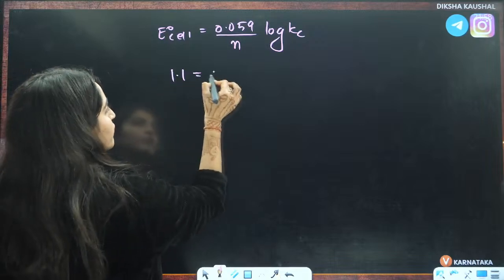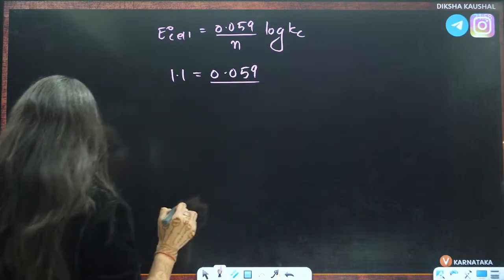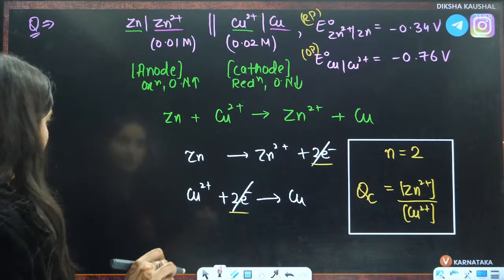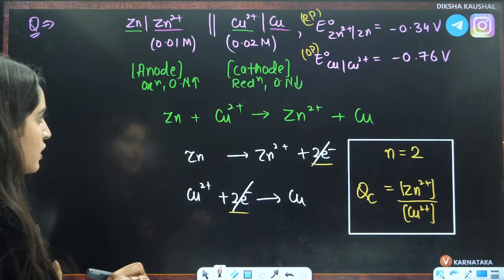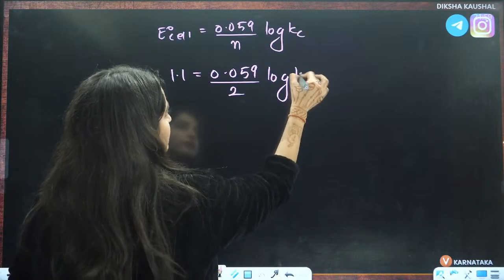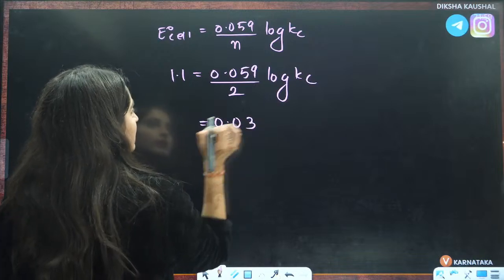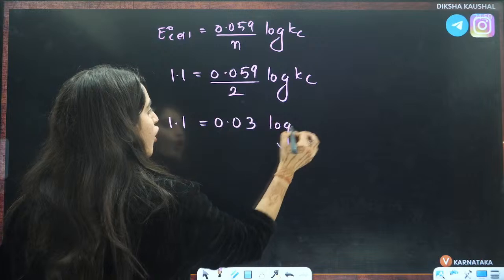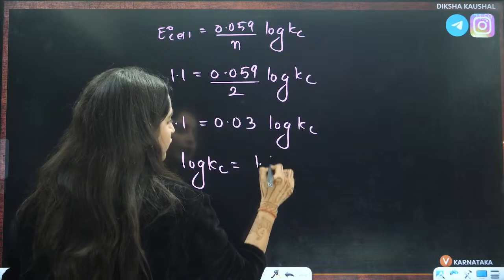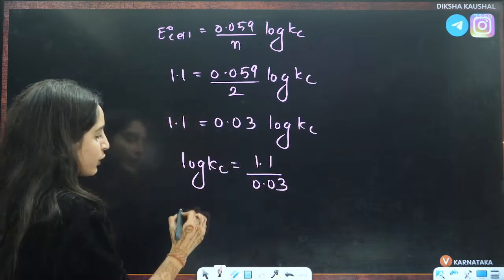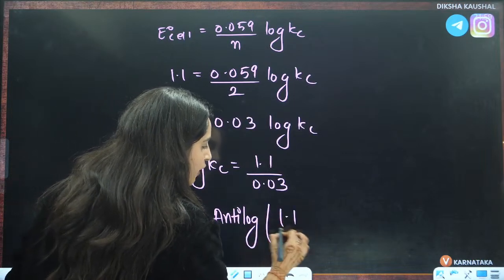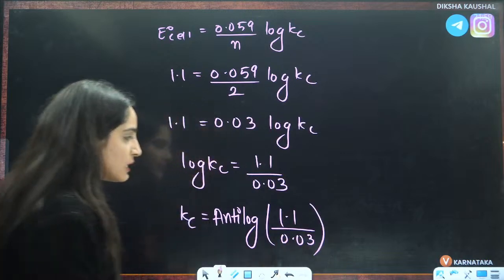So put the value 1.1, 0.059 divided by N. N was 2, so it will be 0.03. Log of KC equals 1.1 divided by 0.03. Then you need to take the anti-log here.